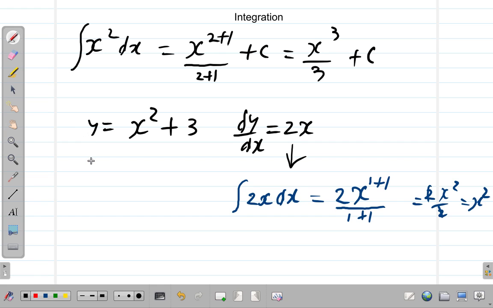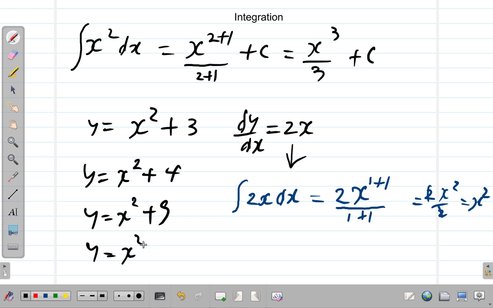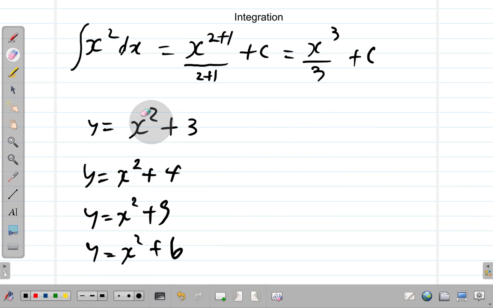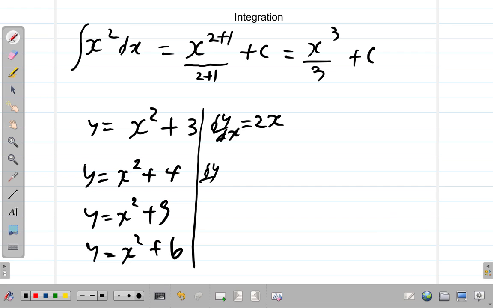Let me see something else here. Let's do a few more. Suppose you have y equals x squared plus 4, y equals x squared plus 5, y equals x squared plus 6. Well, now, let's see what happens in these cases. You know here that dy by dx is equal to 2x, and that's it. In this case, dy by dx is equal to 2x again.